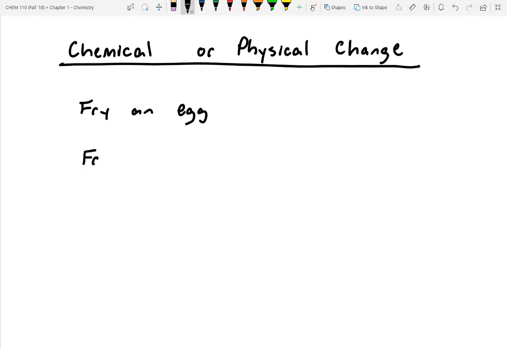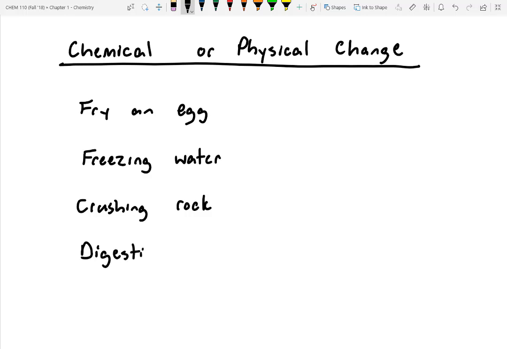Next one is freezing water. Next one is crushing rock. Next one is digesting food. And the last one is water evaporating.